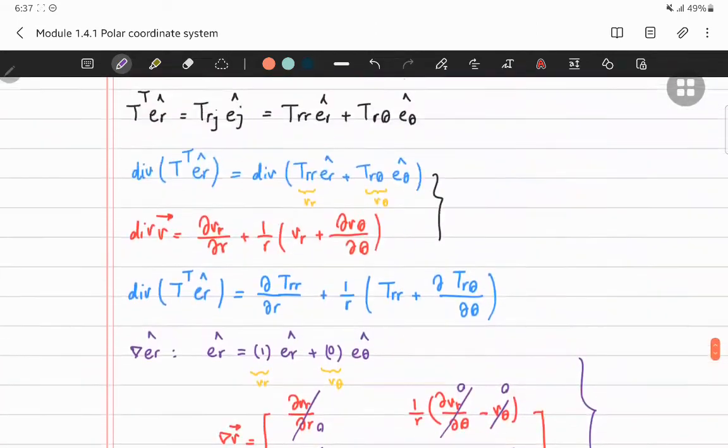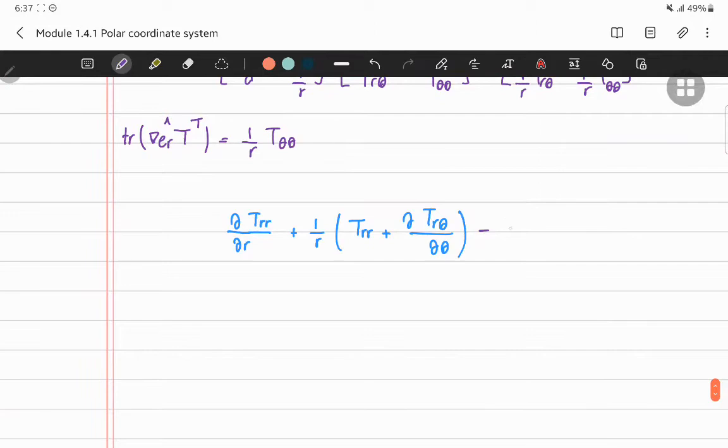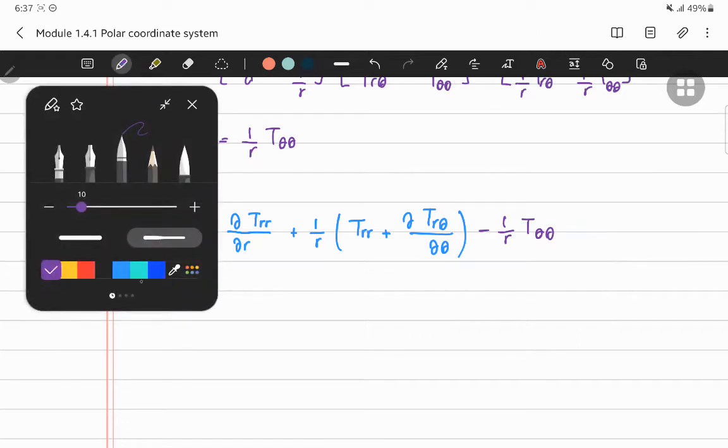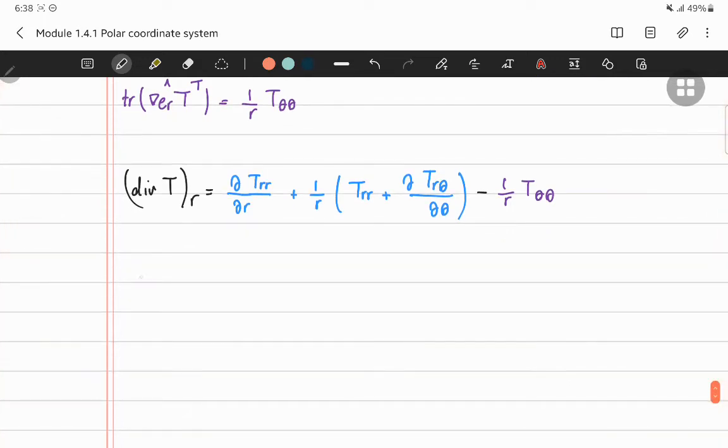Minus, because I have a minus sign here, 1 divided by r T_θθ, which is this expression. So this is the divergence of T, the r component. All right, so now let's do this for the divergence of T for the θ component.